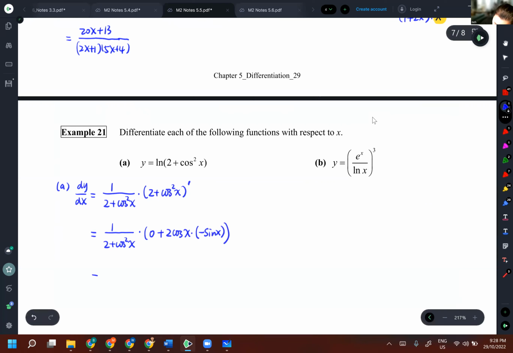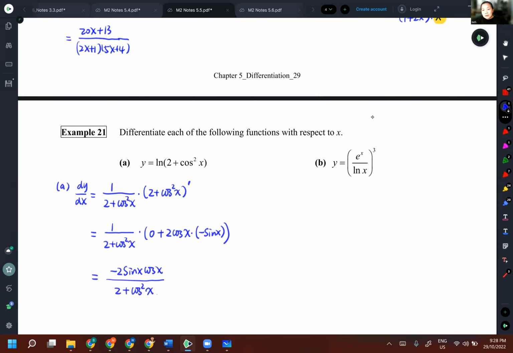Okay. Final answer: negative 2 sine x cosine x divided by (2 plus cosine x). Leave your answer like that.